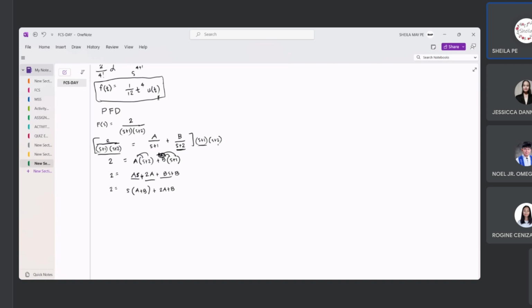After that, class, let's equate the two sides. Let's do first the S. In terms of S, we have A plus B on the right side, but look at the left side, class. There is no S, so that's 0, equal to A plus B on the right. The coefficient of S is A plus B on the right side, so you equate the two.